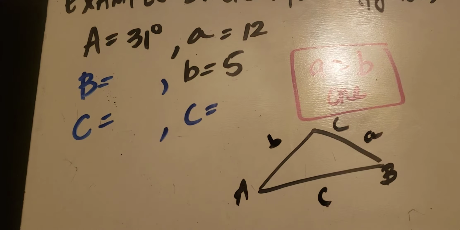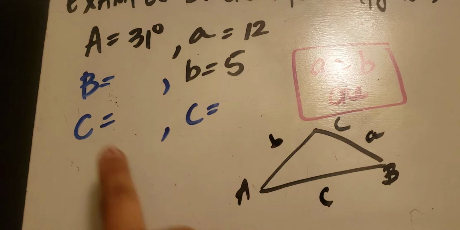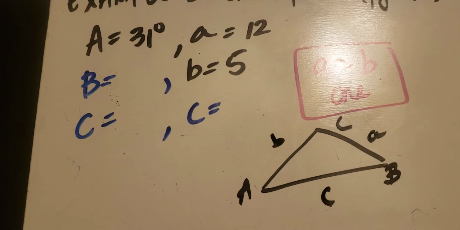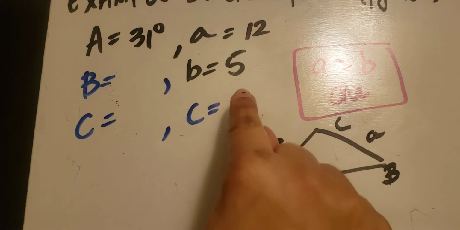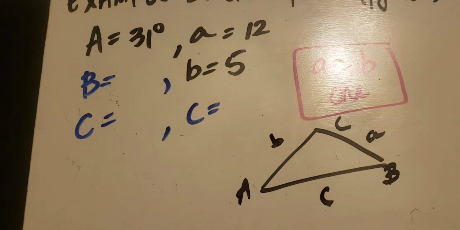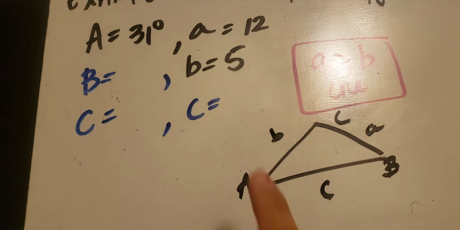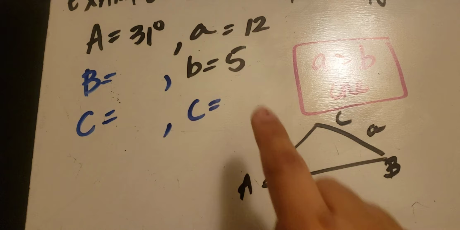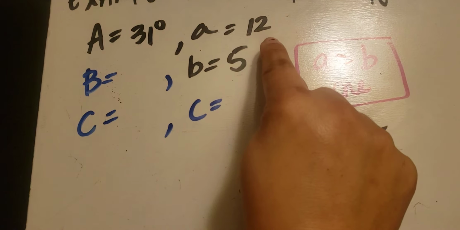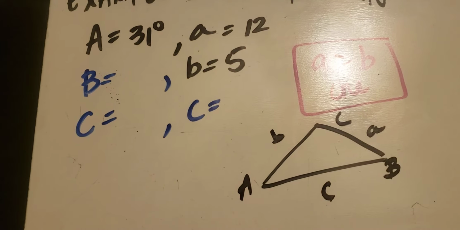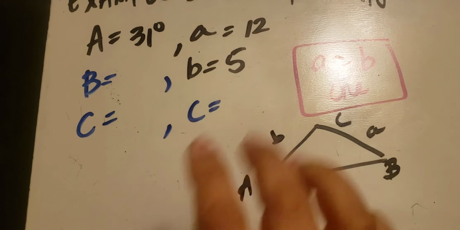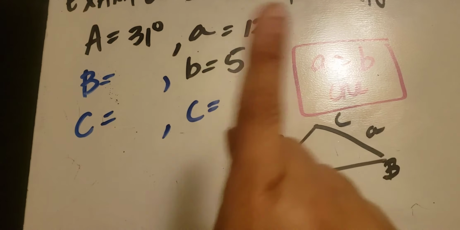Out of the three, I would say the easiest thing to find right now would be a side. In some of the previous examples, the angle was the easiest thing, but this case would be the side, since I'm given... actually, I spoke too soon. Let me show you why.